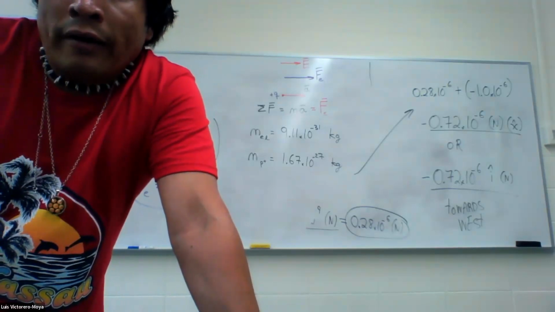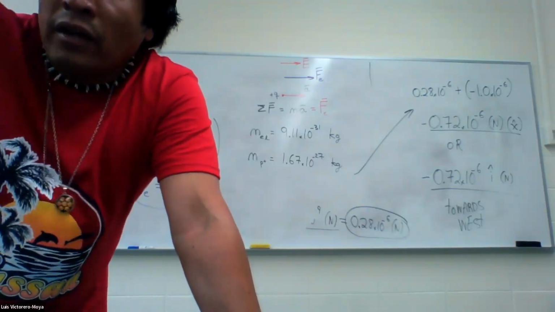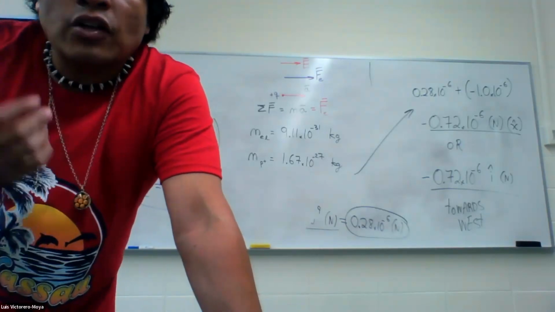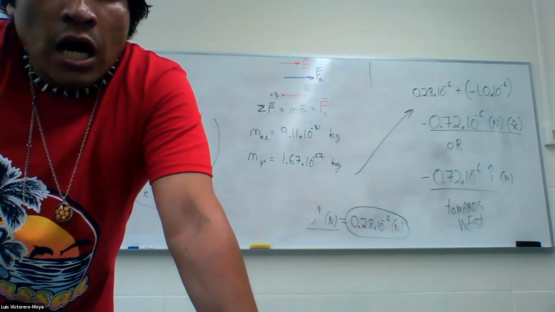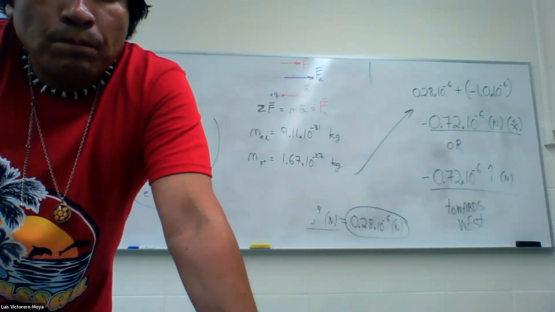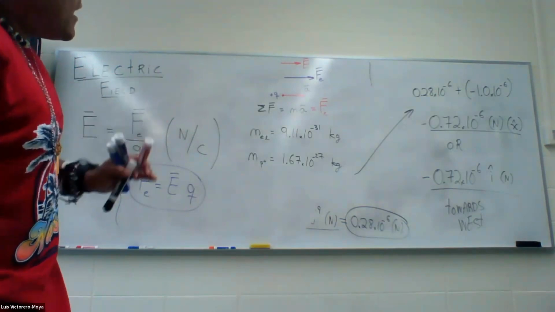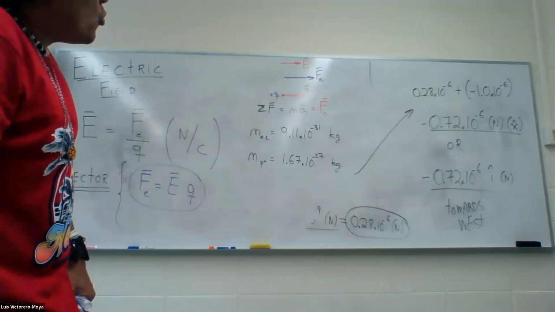That's why, as we go into outer space, astronauts are floating, right? Because the value of gravity gets weaker and weaker. In the case of an electric field, it's the same. As we move farther from the source, the electric field becomes weaker.